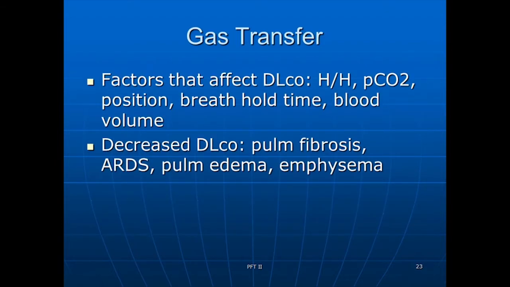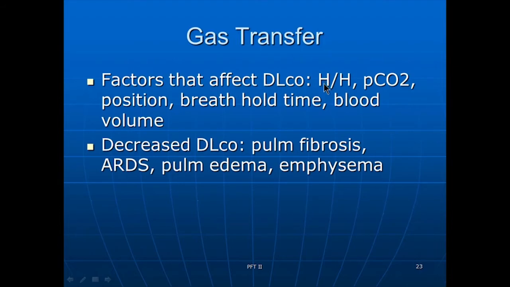Some factors will affect the transference of carbon monoxide across that membrane. Number one is your H&H. Carbon monoxide has a high affinity for hemoglobin, so it competes with oxygen to bind to the hemoglobin molecule.